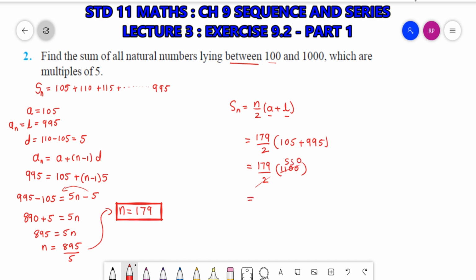So 179 multiplied by 550 will be equal to 98450. The sum of all the natural numbers lying between 100 and 1000 which are multiples of 5 is 98,450. Clear?